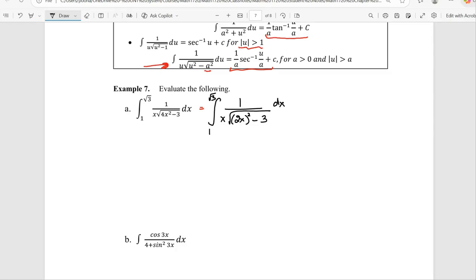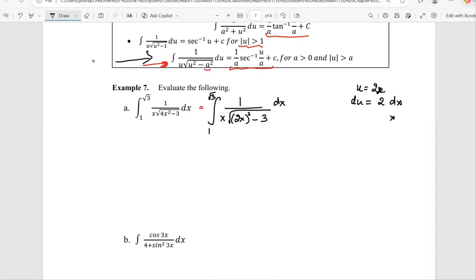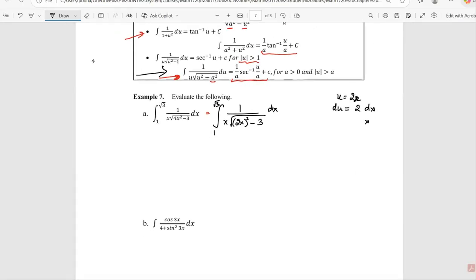Okay. So we are going to use this formula right here. But for using that, we need to make a substitution of 2x as u. When we do the substitution, du becomes 2 dx. So dx can be written as du by 2.